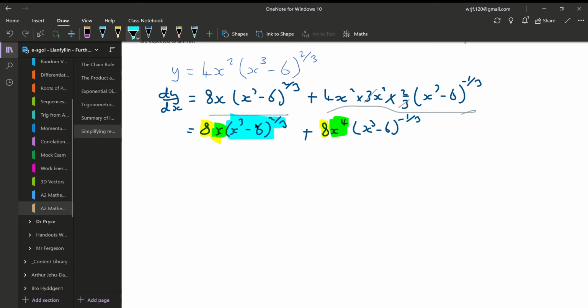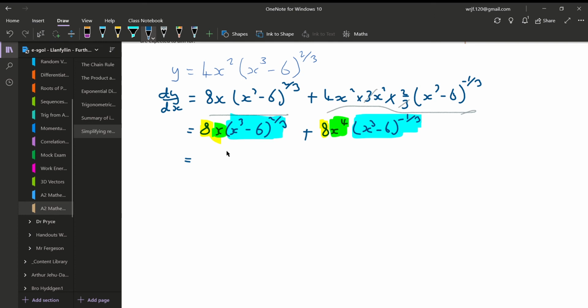It's got different powers on it. I've got 2/3 in this first term and minus a third in this second term over here, but the crucial thing is that they've both got the same expression inside the bracket, and so that allows them to be treated as common factors. So there we are. I've identified all the separate parts of the two terms there. So now I'm ready to start doing some factorising.